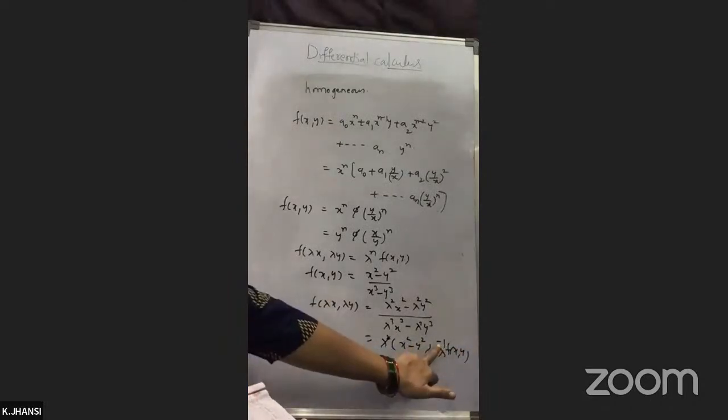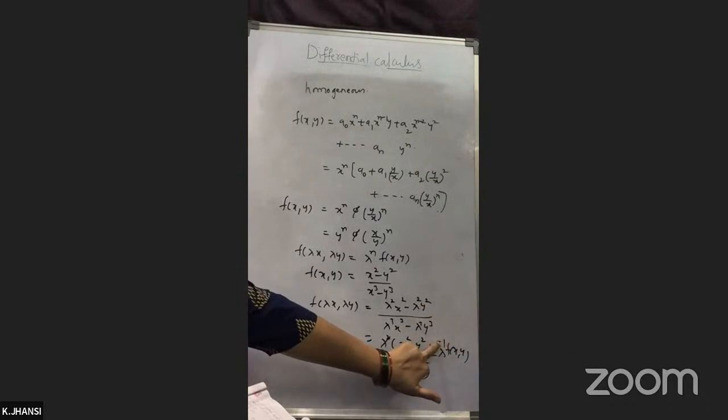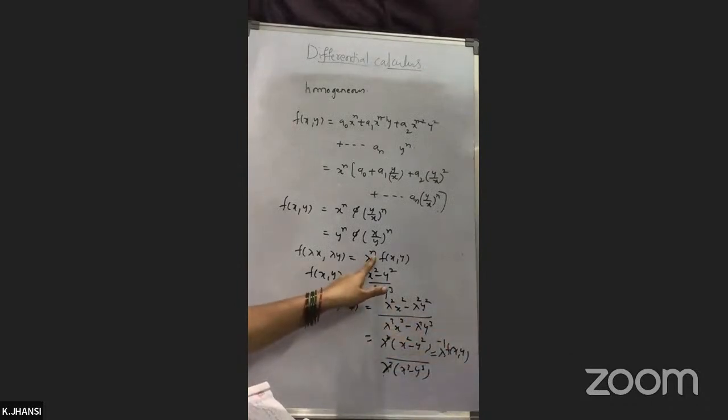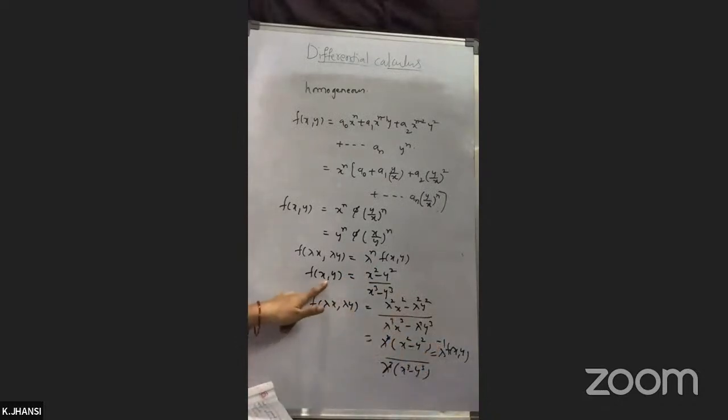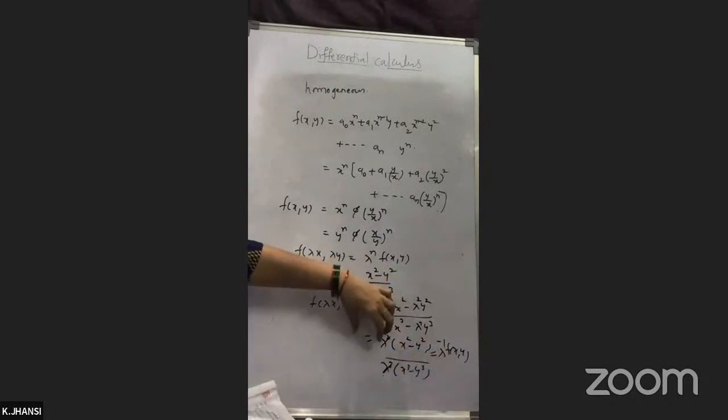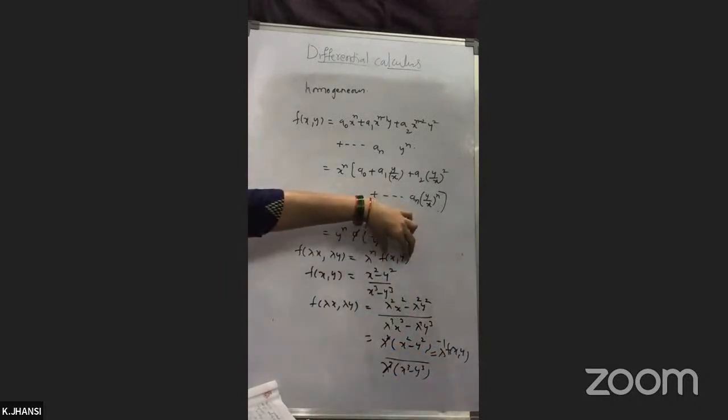What is the degree here? Minus 1. That means whatever the n value is, we got the n value as minus 1. So minus 1 is the degree of this homogeneous function. You got the same function back: this is the degree and this is the function.